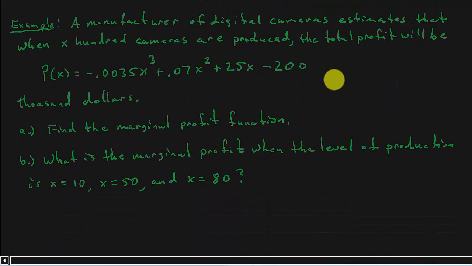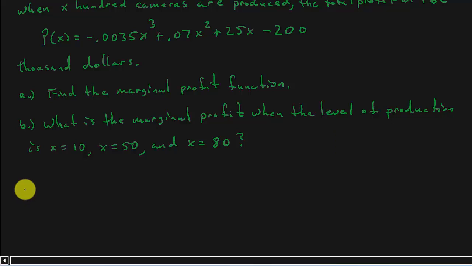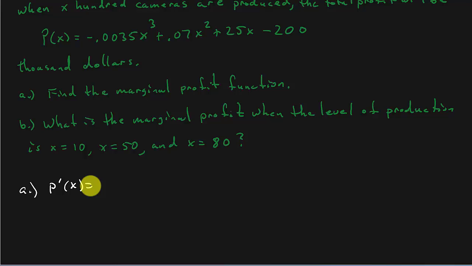It says a manufacturer of digital cameras estimates that when X hundred cameras are produced, the total profit will be P of X is equal to all this mess, $1,000, and this is in thousands of dollars. Find the marginal profit function. So that's part A. Part A, the marginal profit function. So that's going to be P prime of X is equal to, so we've got to find the derivative of this thing.